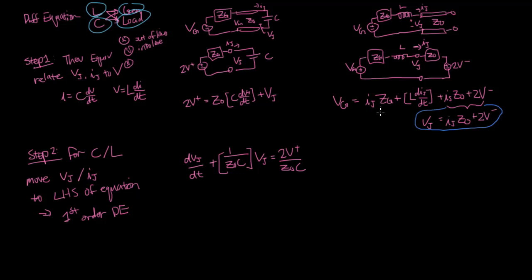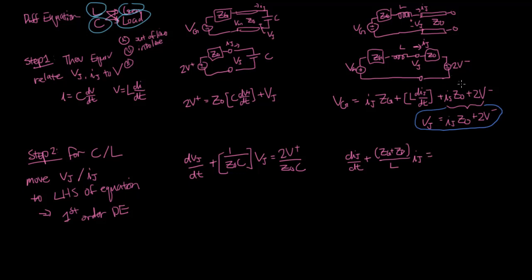And then similarly, if we do the same thing on this side, we want to normalize everything to di dt, so we're going to divide everything by L and move some things around. So we're going to have dij dt plus, in this case there's two ij terms, so we have Cg plus Z naught, all divided by L, so that the dij dt term has a coefficient of 1.